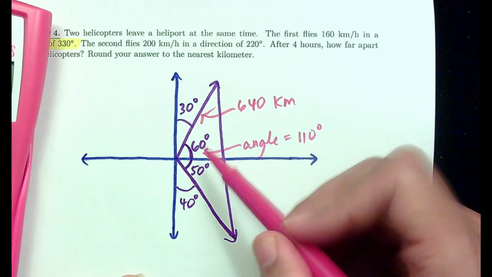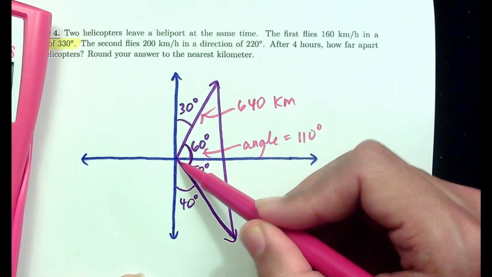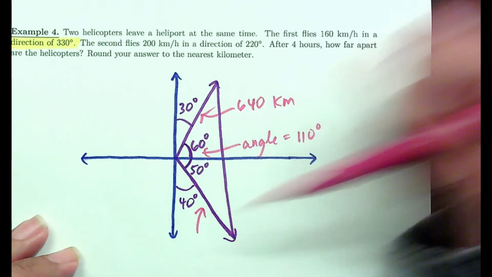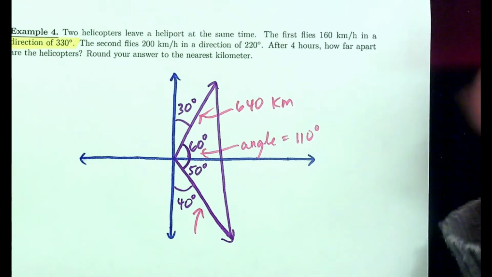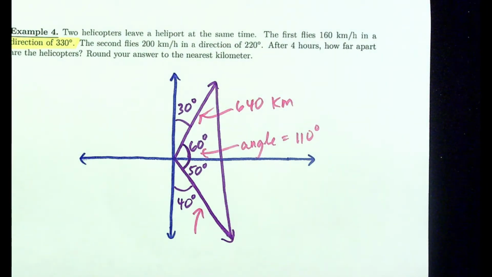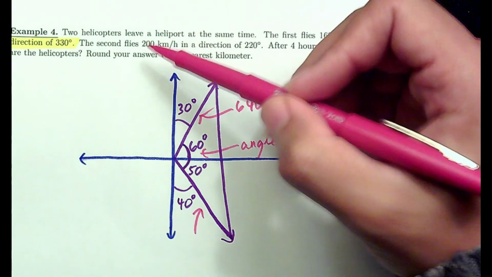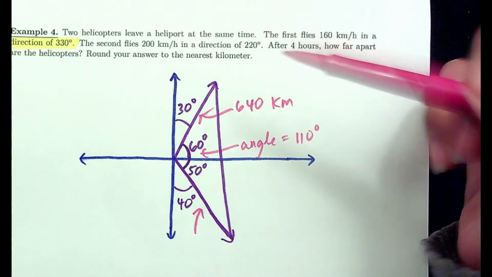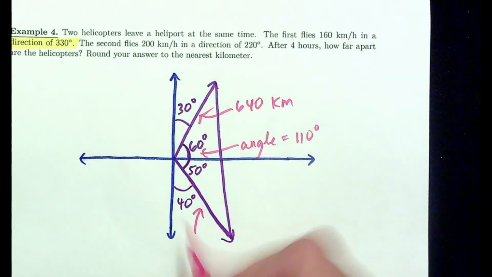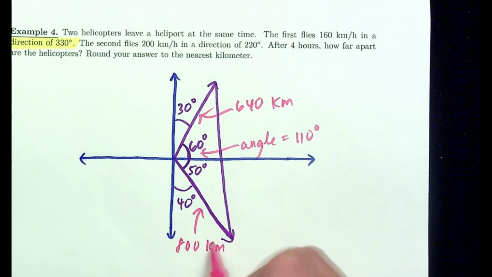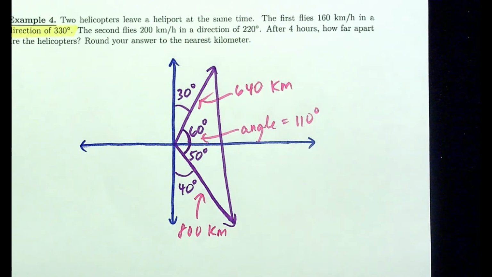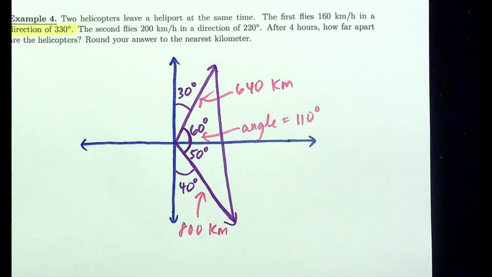Now we have that angle, that side, and we can figure out this side. This side is the distance flown by the second helicopter. The second helicopter flies 200 kilometers per hour for 4 hours. So 200 times 4 is 800. Okay, and that's the complete picture of our problem.